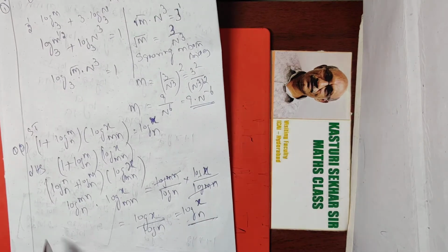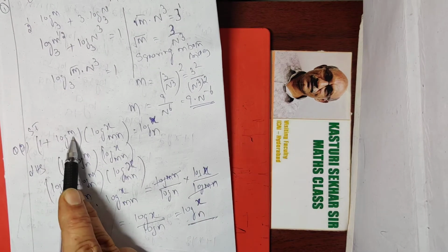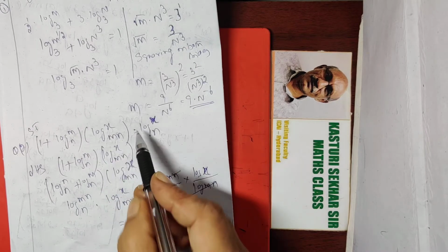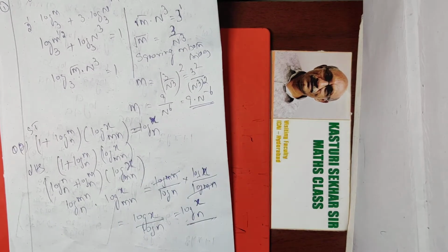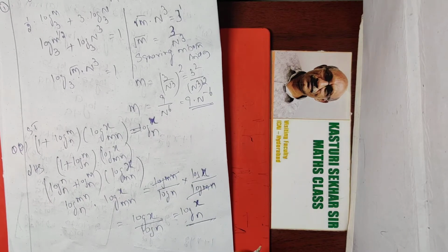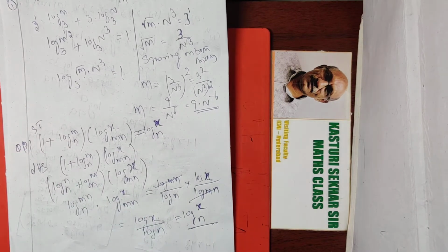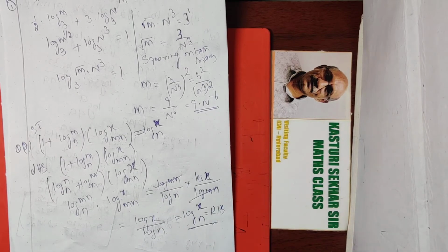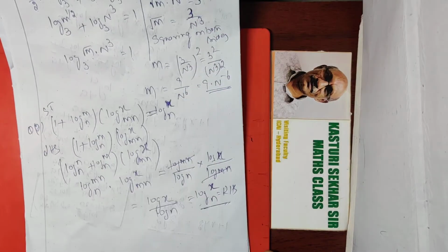We have to show 1 plus log m to the base n into log x to the base mn is equal to log x to the base n. So LHS is considered, this is proved, is equal to RHS. This is the answer to this question.